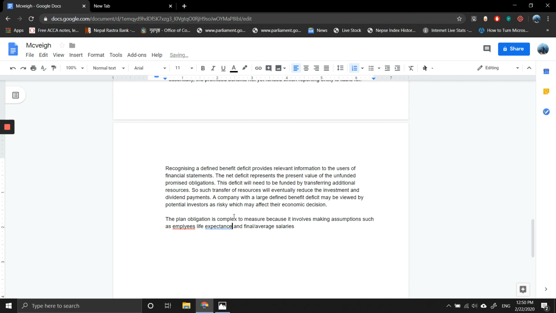And you could say inflation as well over here. Assumptions involve a lot of subjectivity and thus are liable to errors and bias.